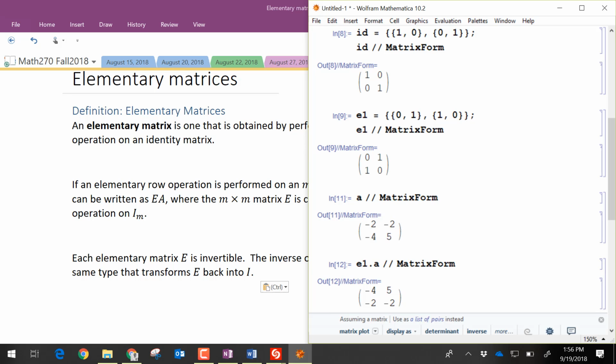It's like doing that switch on the matrix, right? Does that make sense?